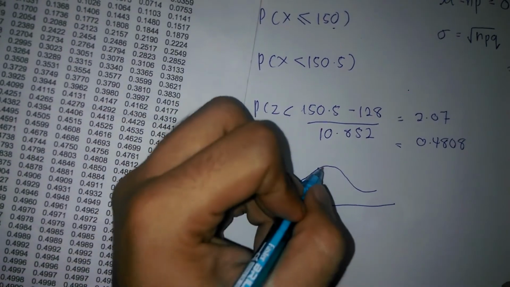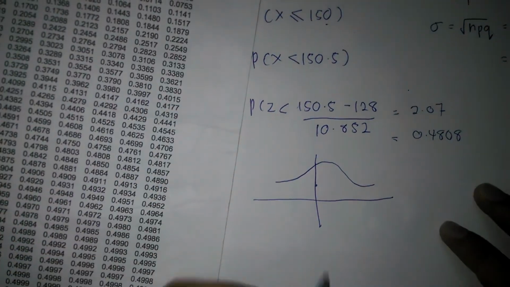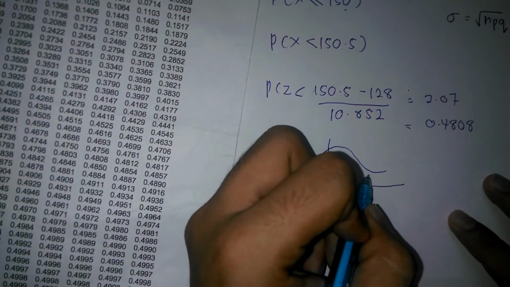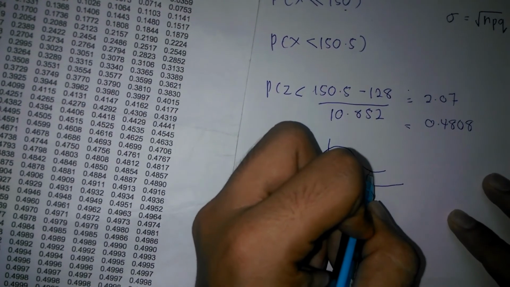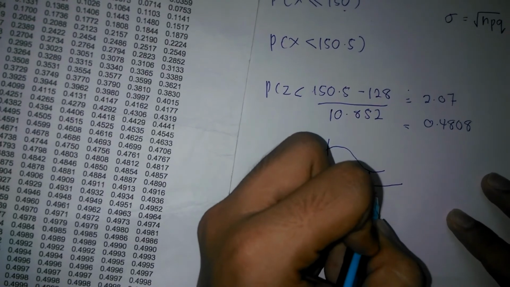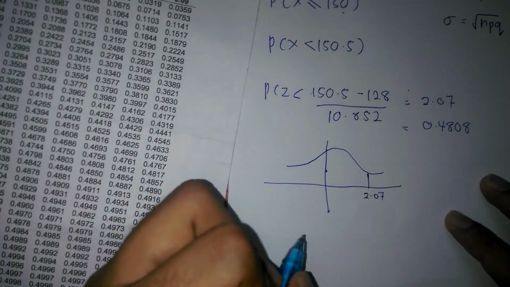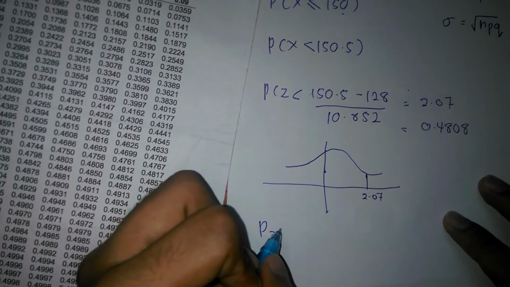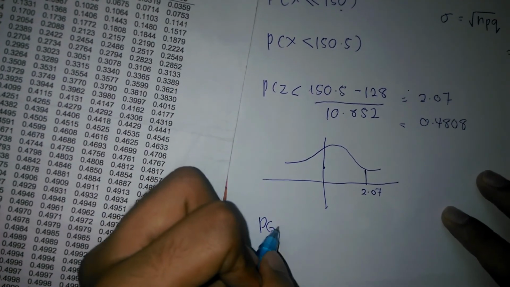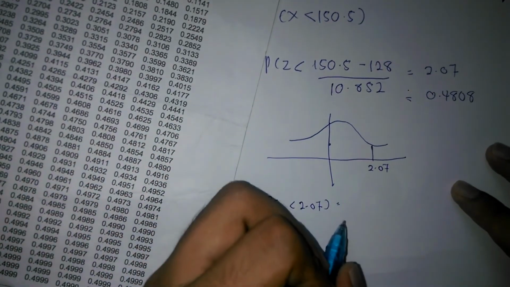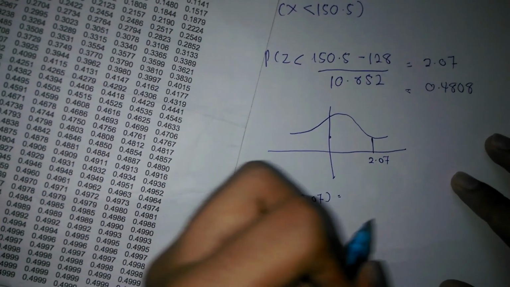Okay, so this is the graph. This is for 2.07, and this is 0.5, so P of Z is 0.5 plus this.